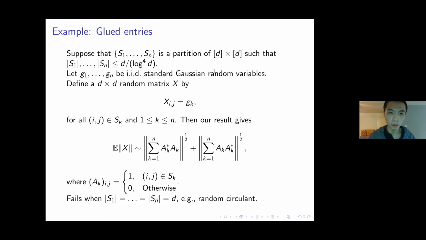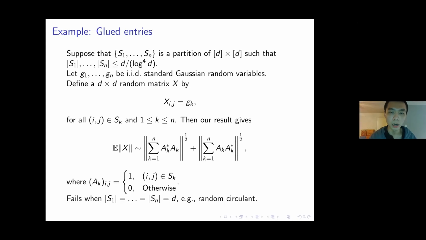Okay, there are also the glued entries, which I mentioned before. This is a generalization of the circulant and Toeplitz matrices, where we force a lot of entries to be the same. In other words, let's set a partition for the set of all entries of a d by d matrix, the d-squared number of entries.